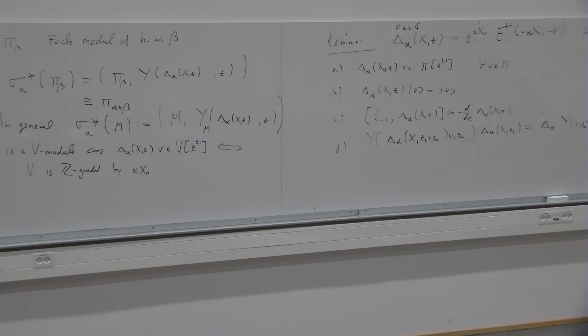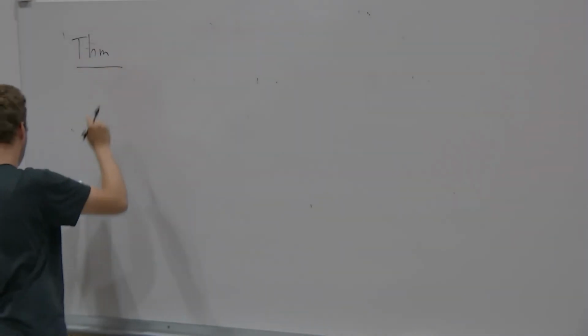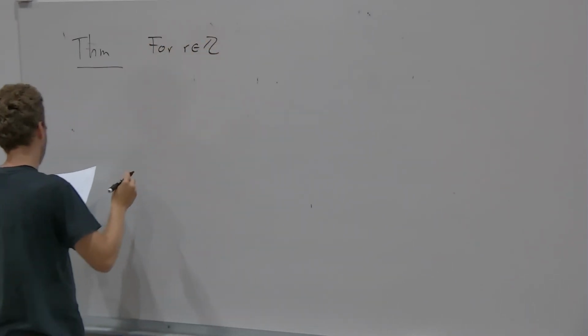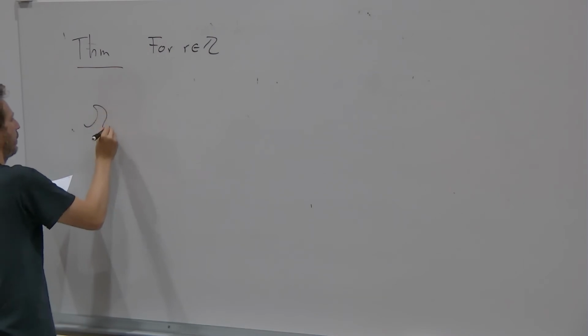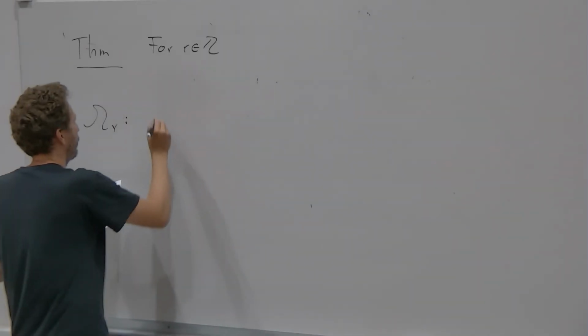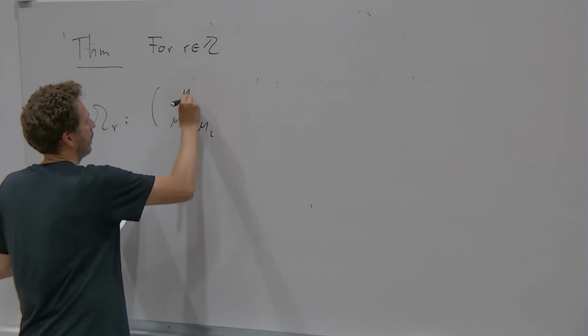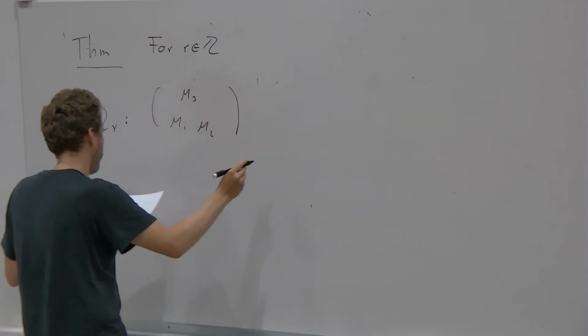Good. Let me state a theorem. We have a map from the space of intertwining operators of one type. We would like to have some kind of commutativity.